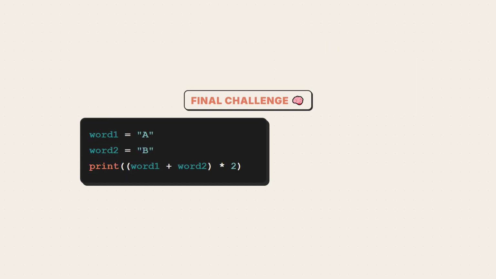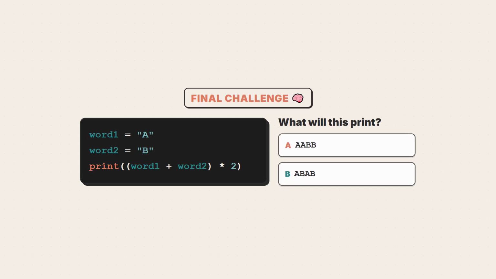Here is our final challenge. word1 equals "A". word2 equals "B". Print (word1 + word2) * 2. What will this print? Option A, ABB. Option B, ABAB.